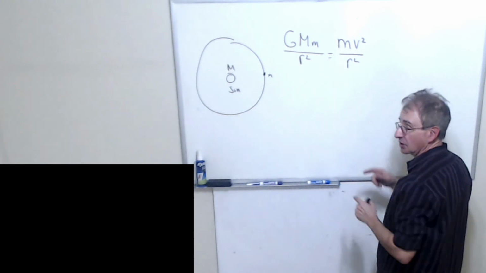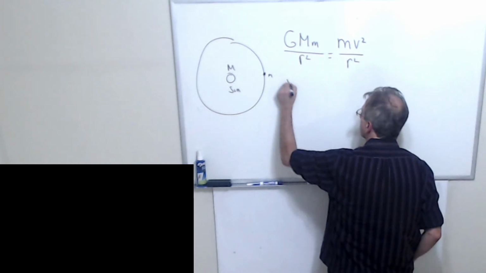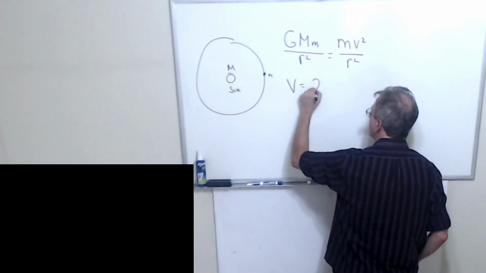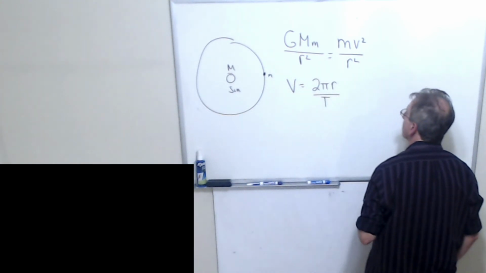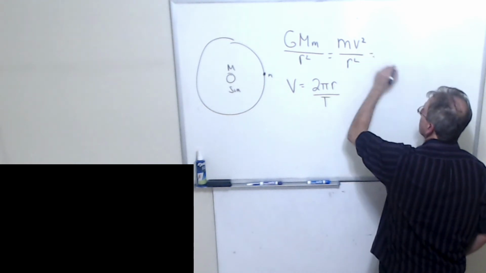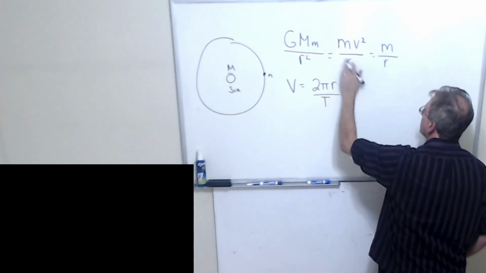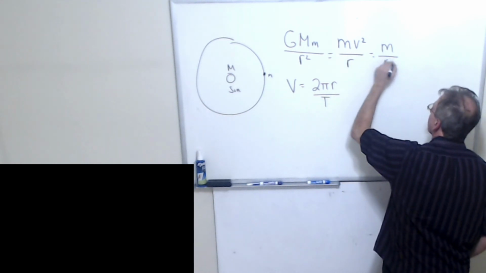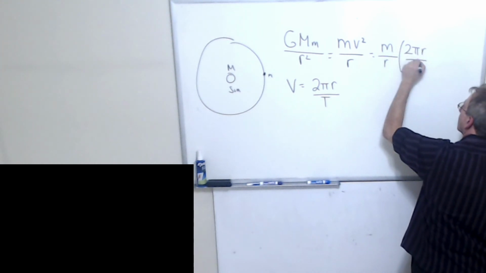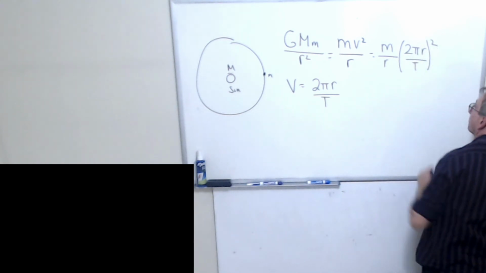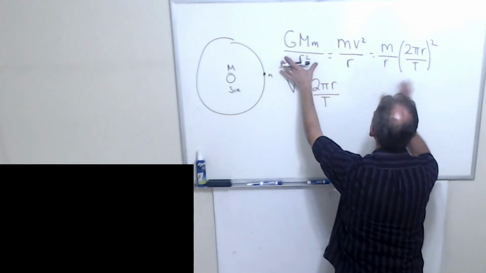Now, if you're going in a circle at a constant speed, v can be written as the circumference of the circle divided by the period. So let me put this in here. Oops, it's an r, not an r squared, sorry. So we have this term is equal to this term.